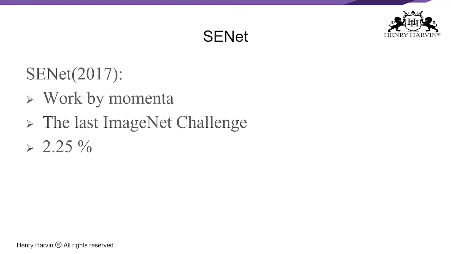The next one is SENet, from 2017. It was built by Momenta, and it had the highest score, right? It is called the Squeeze-and-Excitation Network, and it was the last ImageNet challenge. From AlexNet to SENet, the error rate reduced from 15 percent to 2.25 percent.